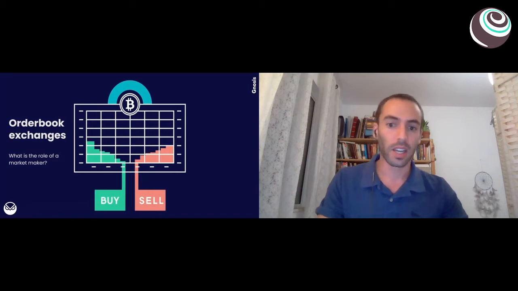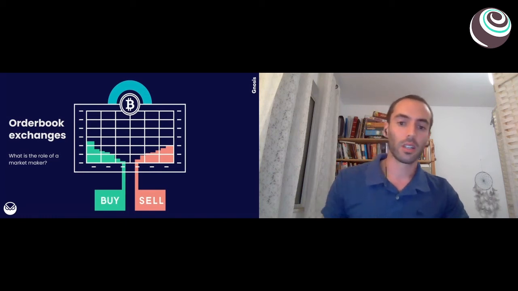And later on, we'll refer to this kind of losses also as impermanent loss. So in the context of AMMs, usually it's called impermanent loss, but it's essentially very similar.